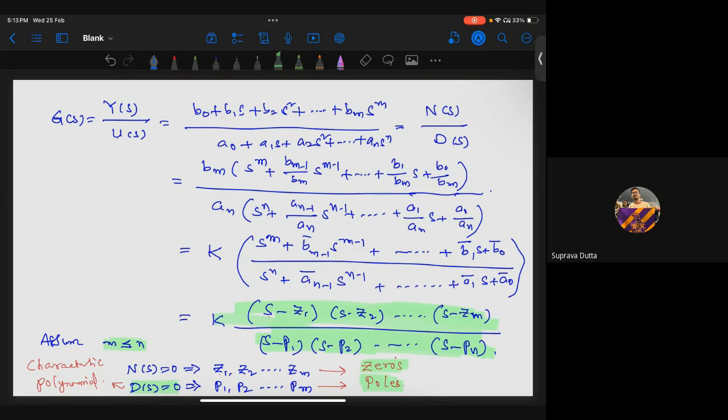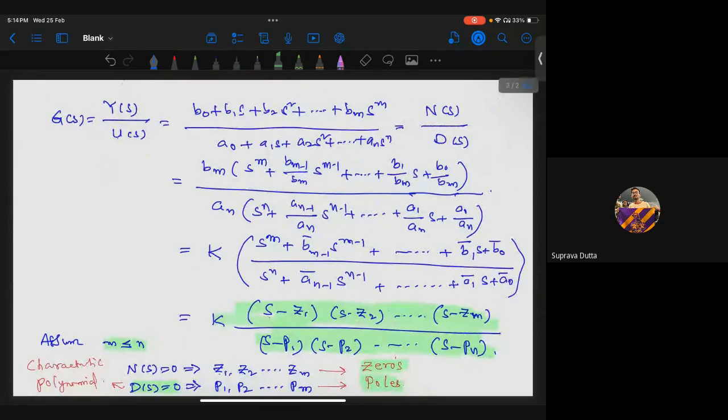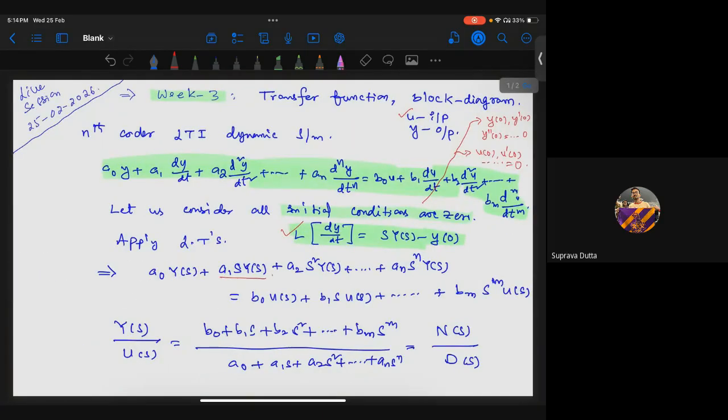After finding zeros and poles, this expression is the transfer function. So transfer function is nothing but the Laplace transform of output divided by the Laplace transform of the input. It is not the basic definition.